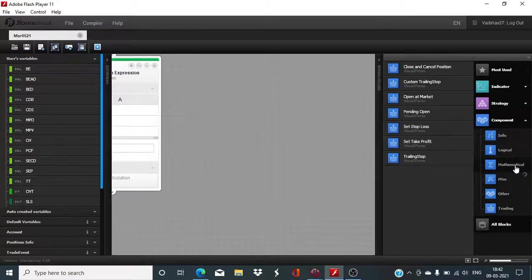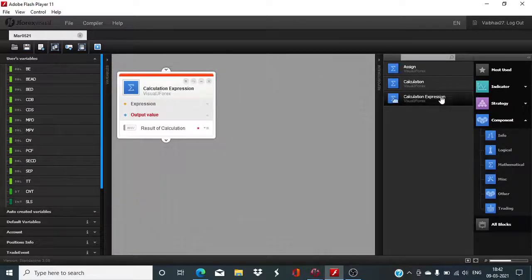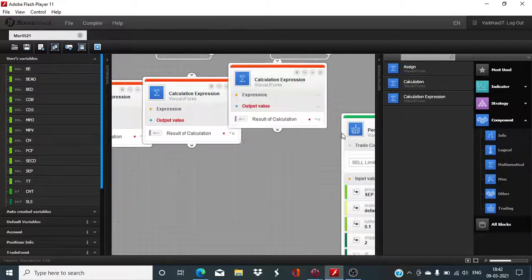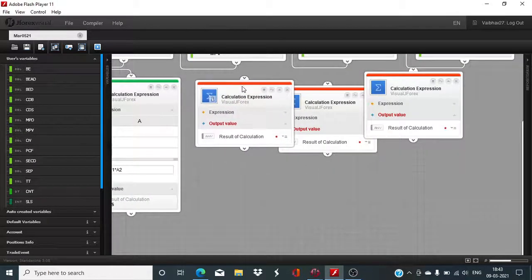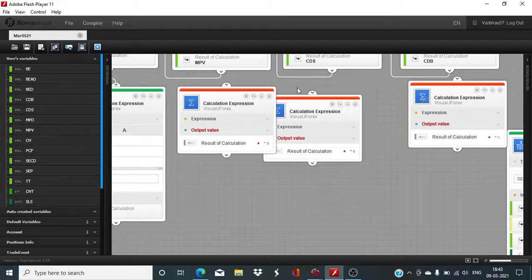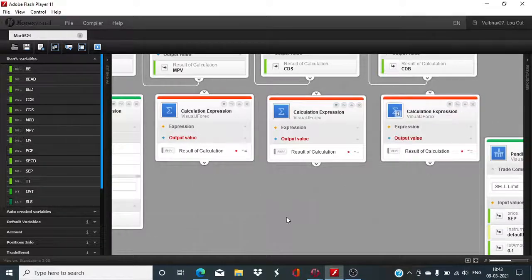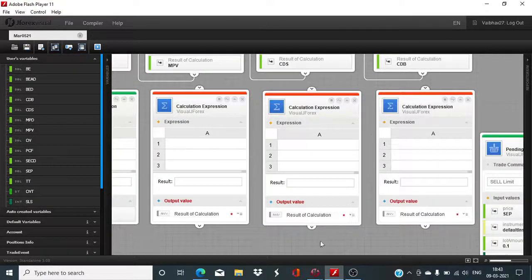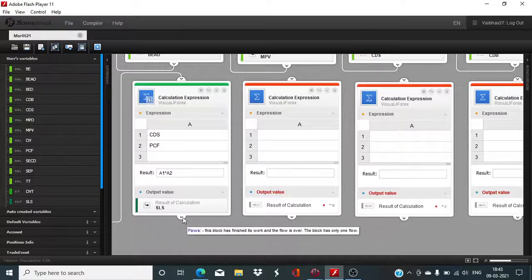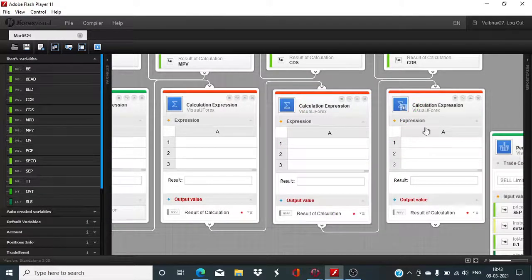Mathematical, and here we will join the iteration flow preemptively.